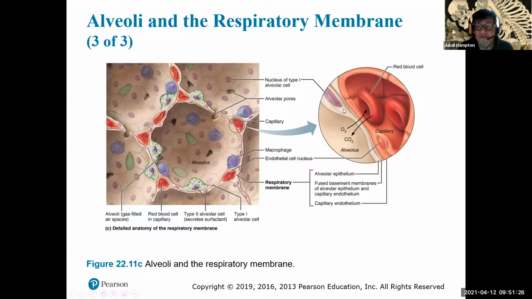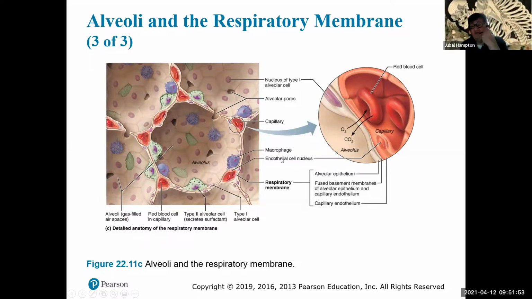This shows us that we have two barriers for gas exchange here. We have the thickness of the squamous cell of the alveolus, and then we have the thickness of the endothelial squamous cell here of the blood capillary.